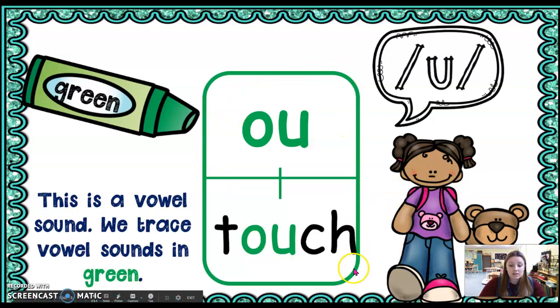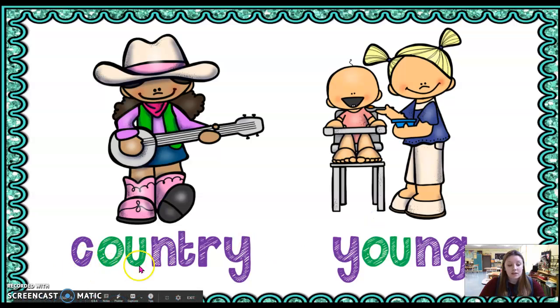This sound card, also a vowel sound, uses the letters OU to say /u/. Sometimes OU will make the /u/ sound, like in the word touch. The word country and the word young also use OU to say /u/.